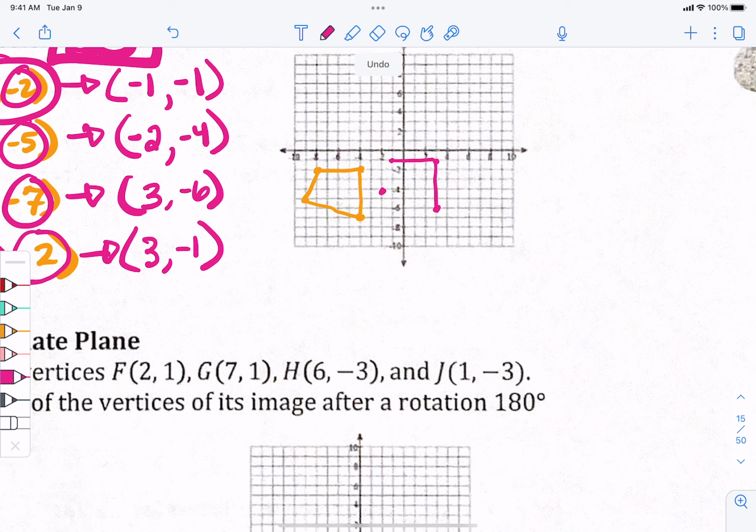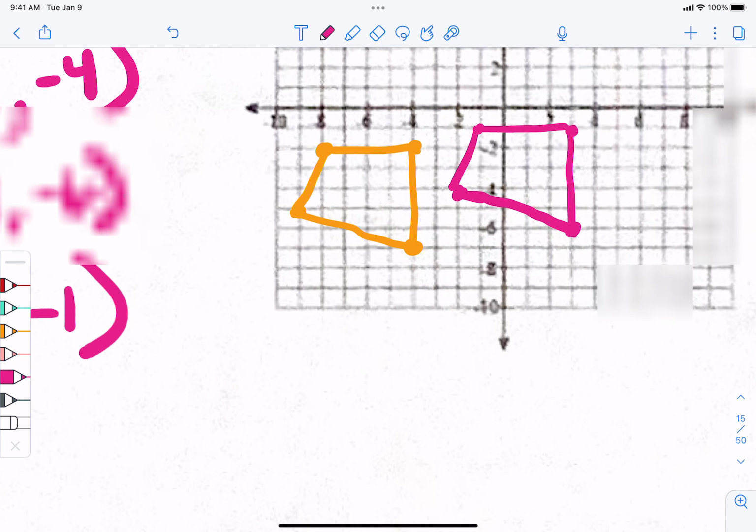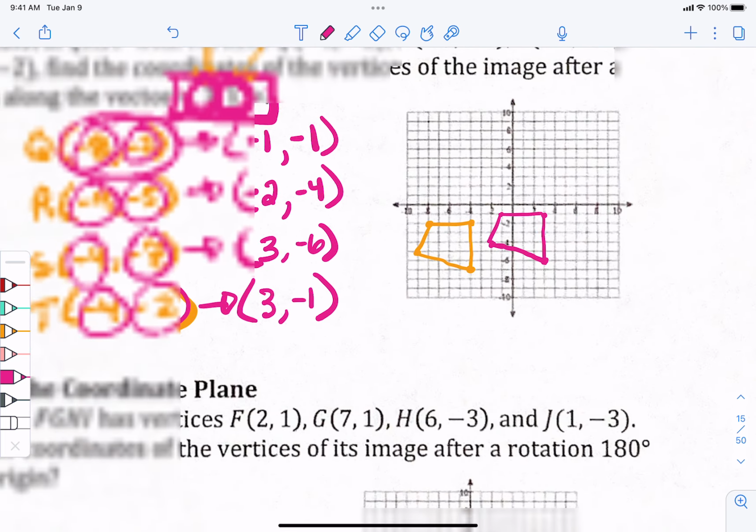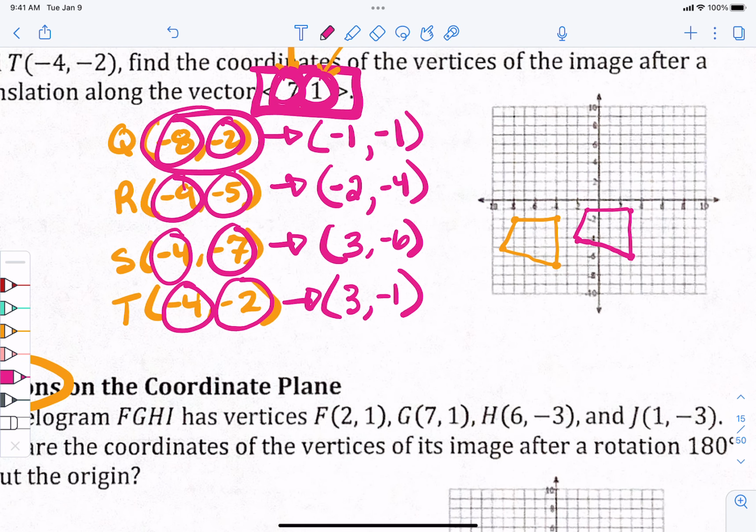So we have slid him over 7 to the right and 1 unit up. The main thing is that he should stay the same shape and same size. If I could draw straight lines, he would be exactly the same shape and same size. And there he is. So that's the rule: whatever those triangular brackets tell you is how you are moving your object.